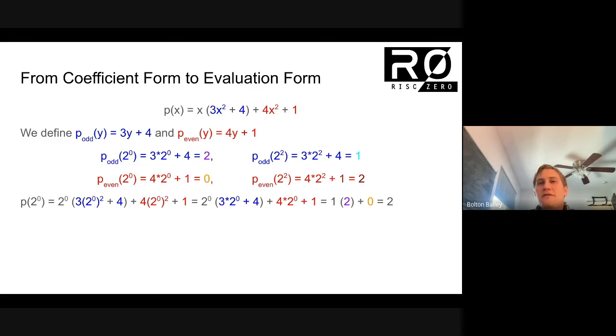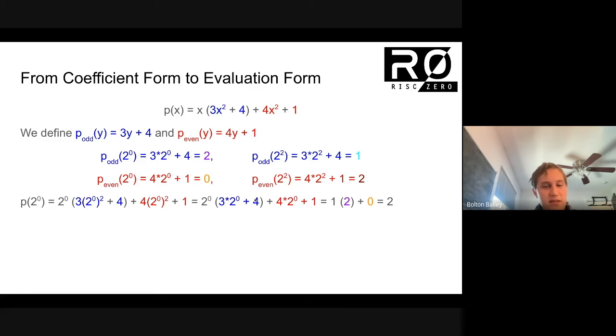How can we now evaluate p of x on an arbitrary value that we want to evaluate it on? We can take p of 2 to the 0, and if we substitute 2 to the 0 in, we get this expression here. But we see that we have 2 to the 0 to the 2, and that's really just 2 to the 0. So we can replace this 2 to the 0 to the 2 by 2 to the 0, and that gives us this expression.